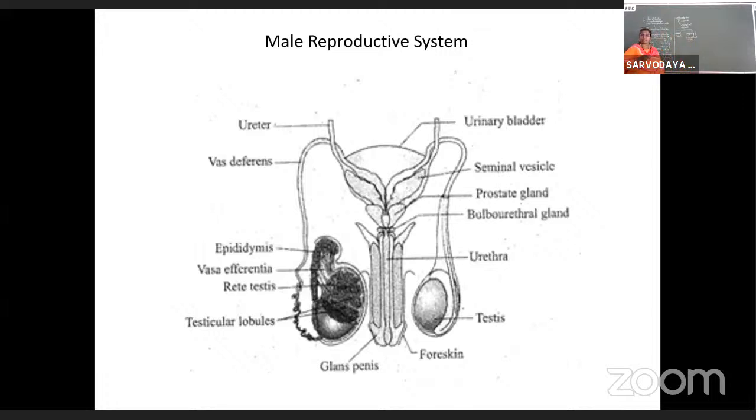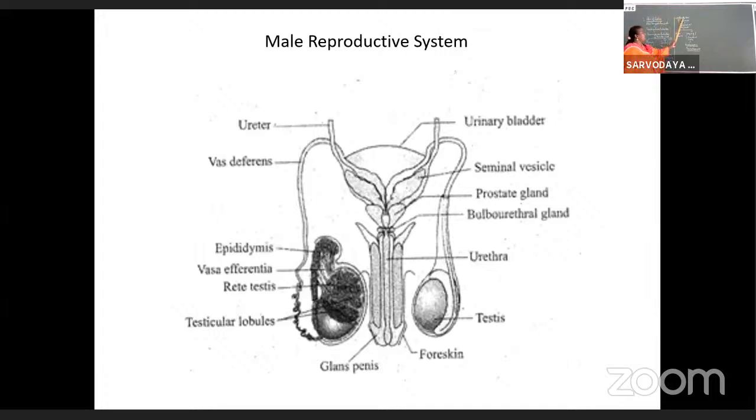So very important cells are present in the interstitial space. Now, what is the function of interstitial cells or Leydig cells? It is going to help in production of androgens. What is the name of the androgen? It is nothing but the male hormone, which we call testosterone.